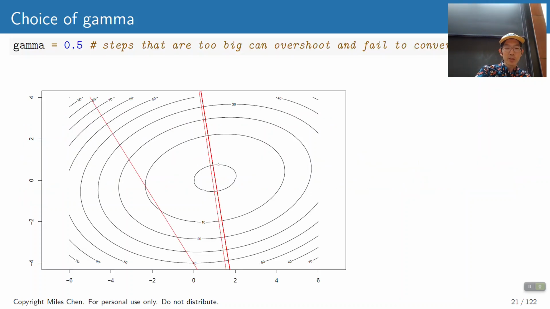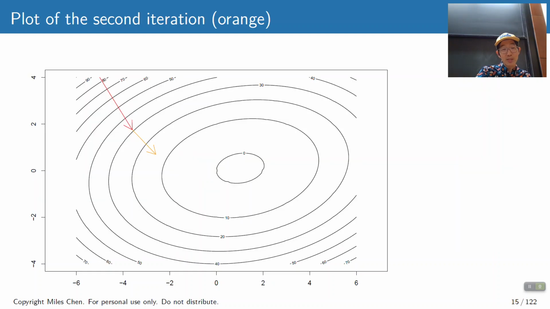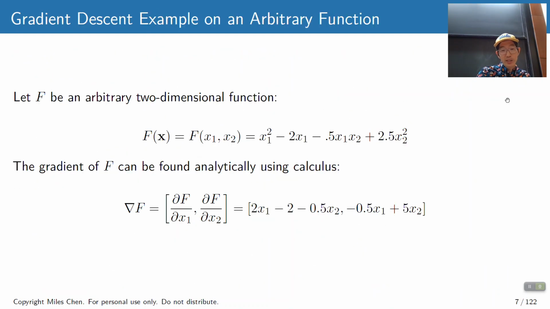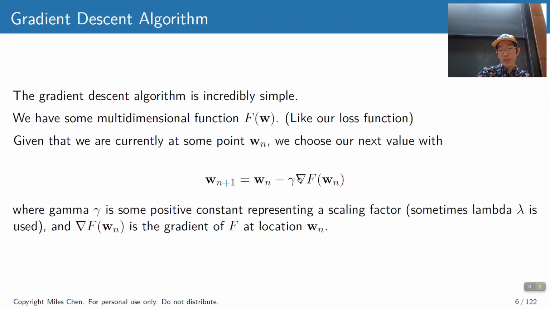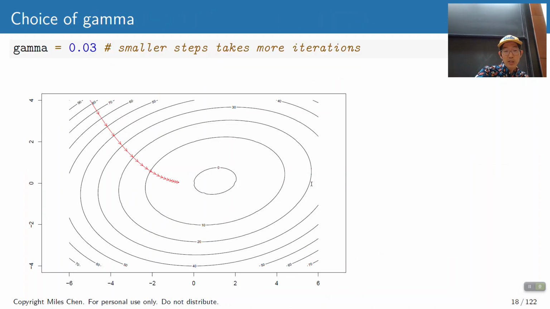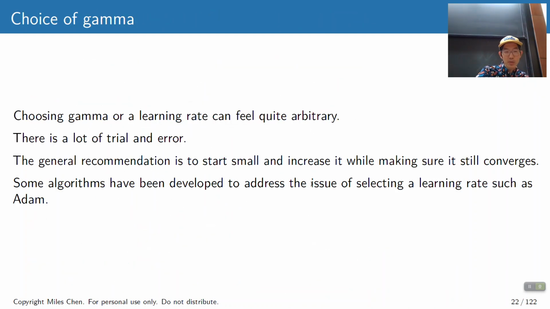So again, we're just sticking with the simple one-line algorithm: your next location is your current location minus the gradient, right? You can make it more complicated, but we're not going to worry about it, though that is something that exists.